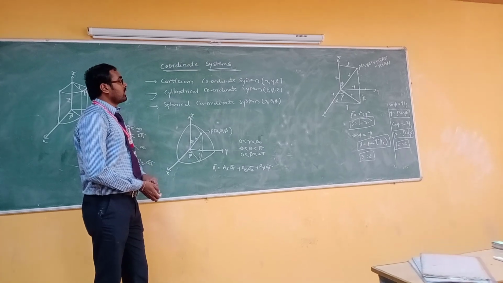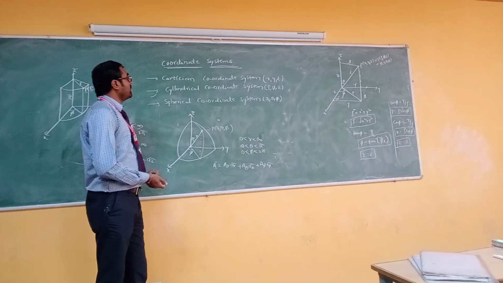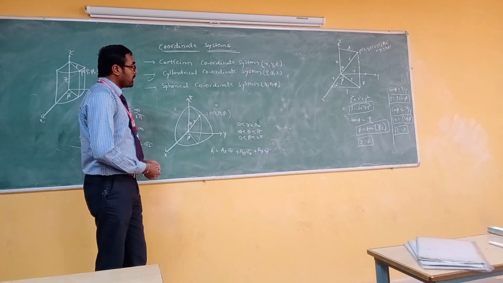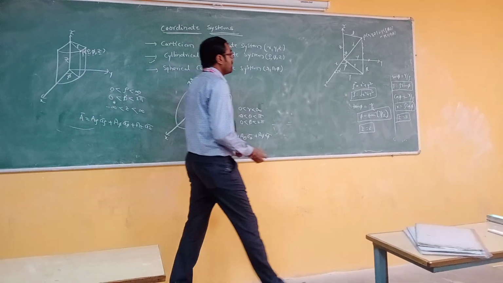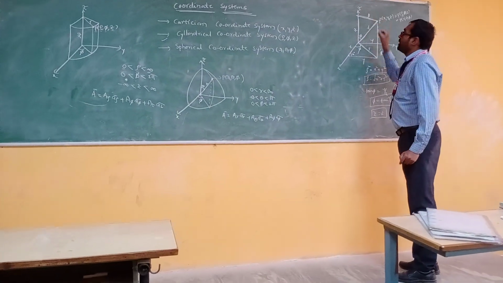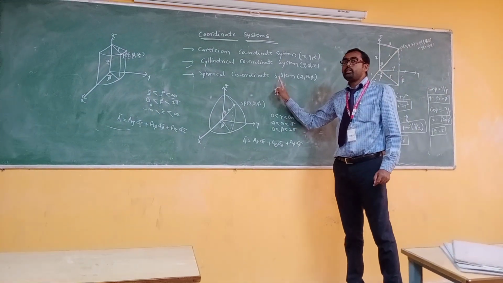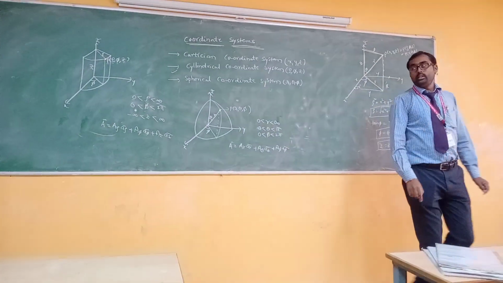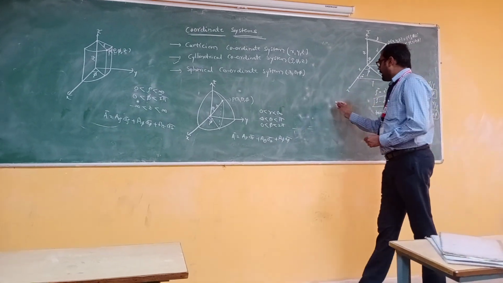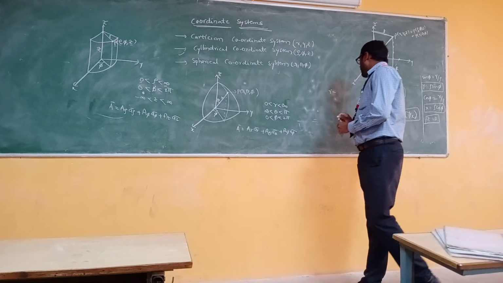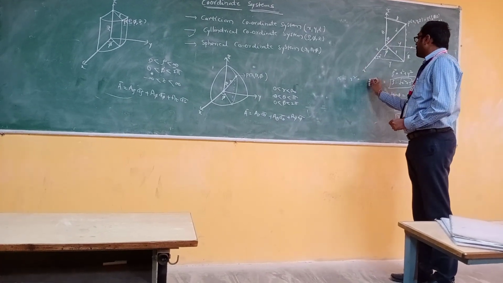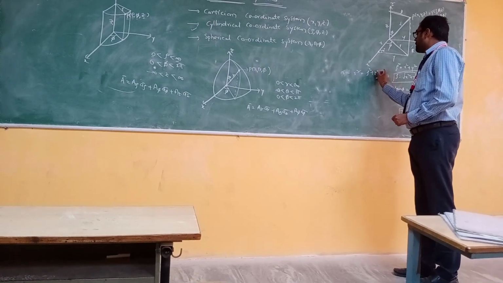Now the next one, we can convert the spherical coordinates into cylindrical coordinates or cylindrical coordinates into spherical coordinates by using this triangle. From this, what is the r value? According to Pythagoras, from this triangle, r square equals rho square plus z square.